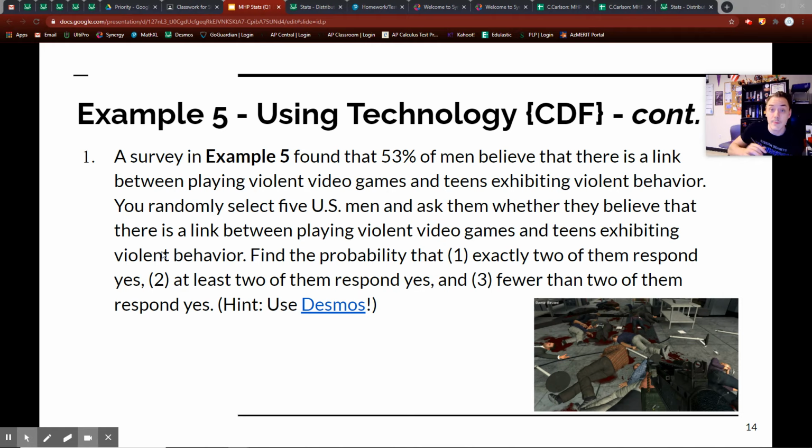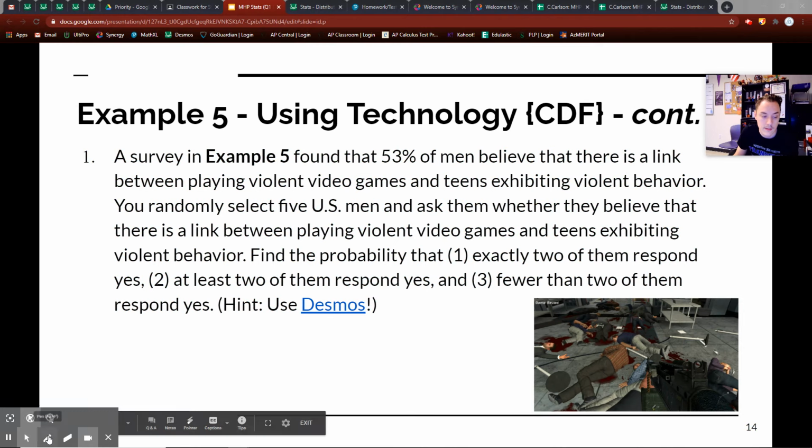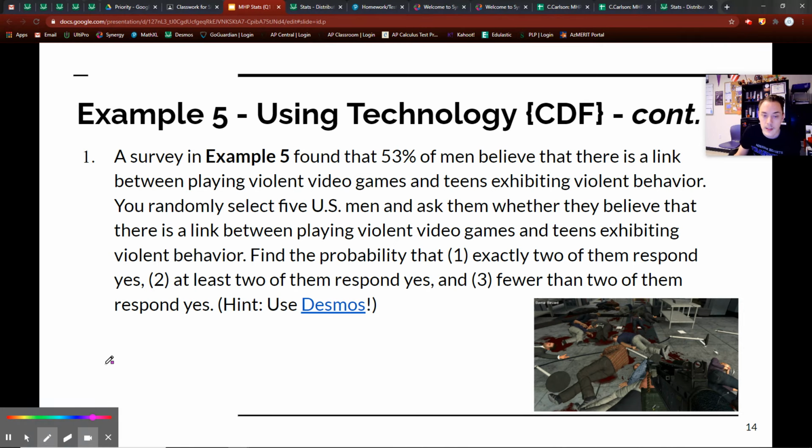So now instead of women, we're going to men. Randomly select 5, so automatically my n is 5. My p will be 0.53, and then my x. What is my x? It will change depending on what it's asking us.